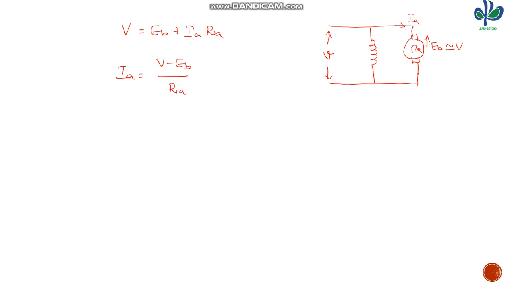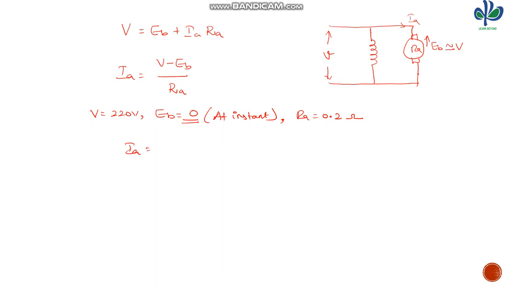For example, if I assume V is equal to 220 volts, at the instant of starting, what will be our back EMF? At the instant, the back EMF is 0. The armature resistance is very small, and we are assuming it as 0.2 ohm. So substitute all these values in the above equation.